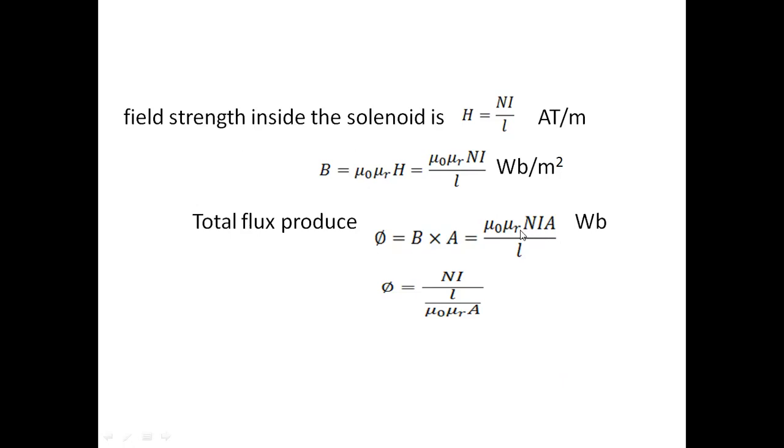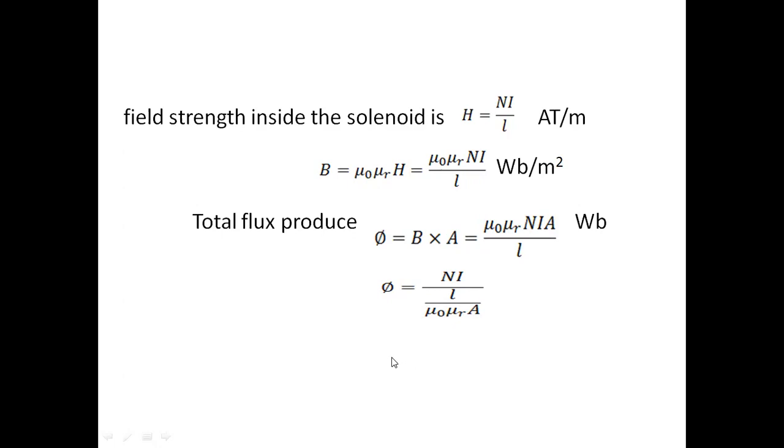By substituting B here, we get mu naught mu r Ni into A by L. Bringing mu naught mu r into A to the denominator, phi is equals to Ni by L by mu naught into mu r into A.